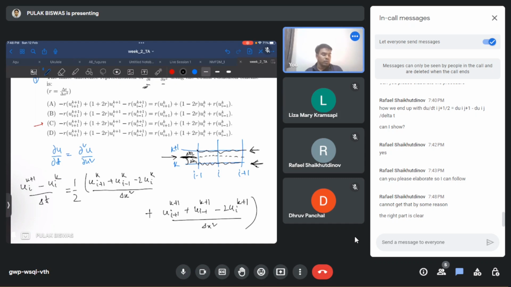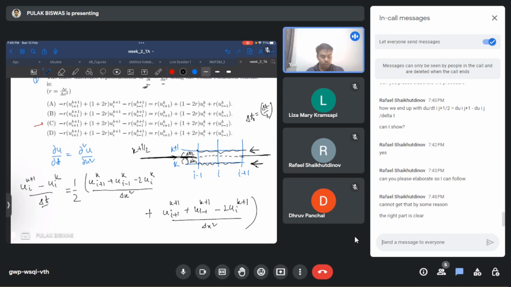So for the right part, where you are computing at the middle point, you want to calculate the time derivative as well at that level, the k plus 1 by 2th level, and there you are using the central difference formula, that's it. Now you are using half steps, so your time separation is actually delta t by 2, and again delta t by 2.